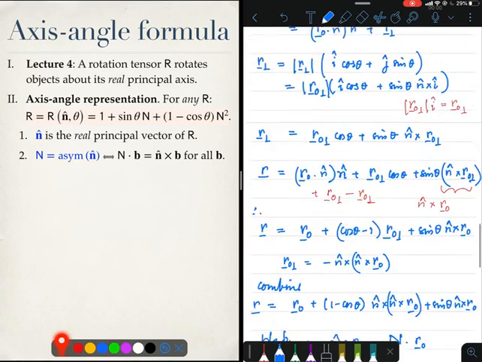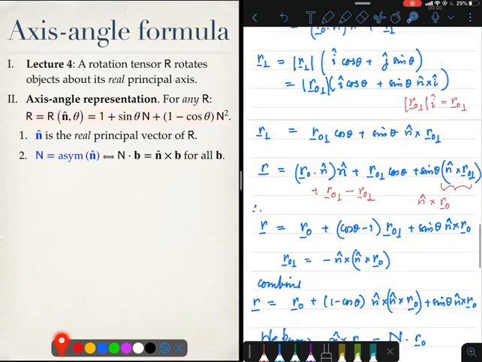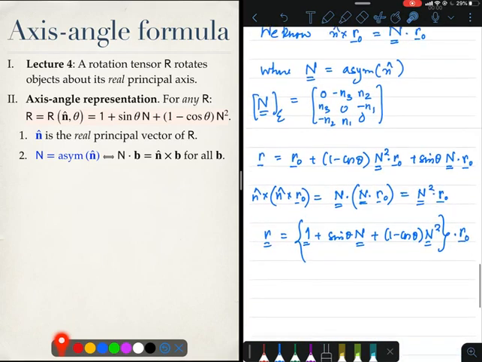So if I have a vector r0 which under the operation of the tensor capital R becomes small r, then this is the relationship between these two. But we know that, okay, I made an error again, this is a vector. We know that r is the rotation tensor times r0.